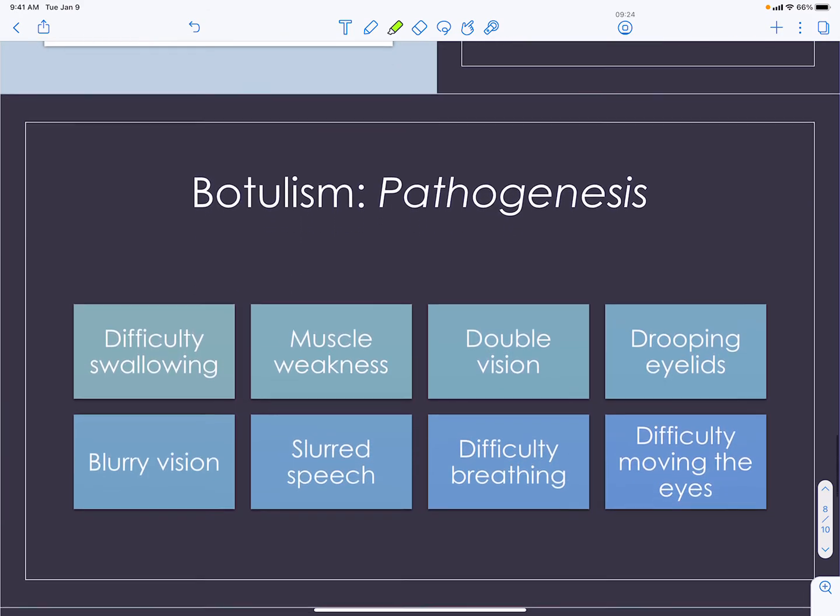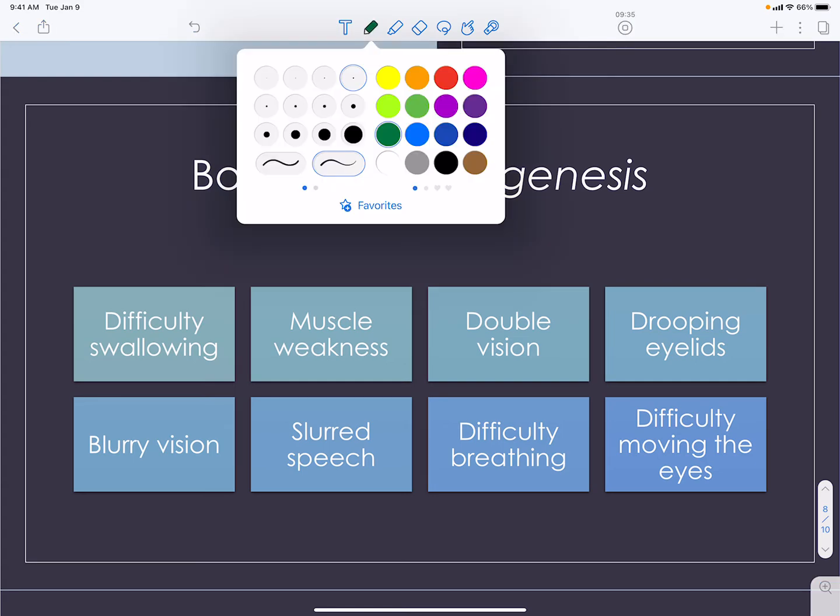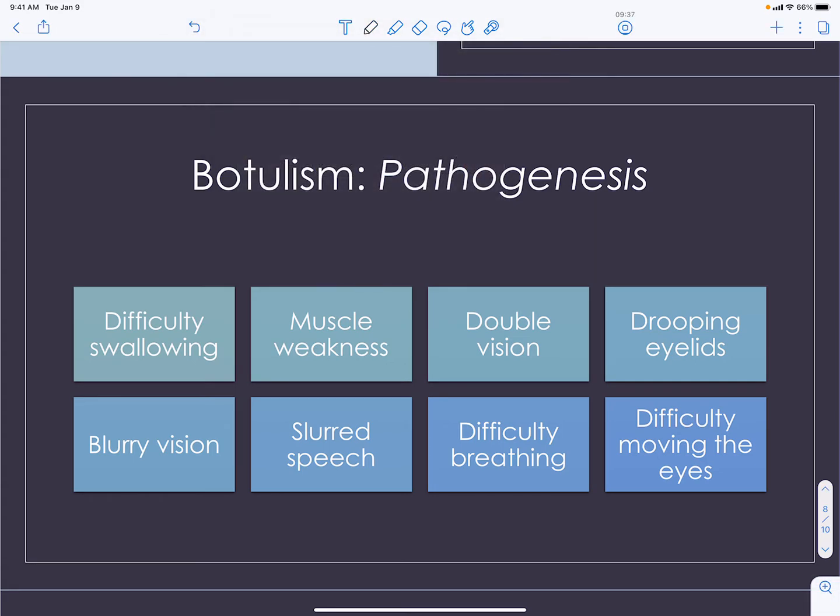Now, the symptoms are going to depend on which nerves are damaged, of course. You can have difficulty swallowing. If you have foodborne botulism, it's going to start at about 12 hours to 36 hours before symptoms.